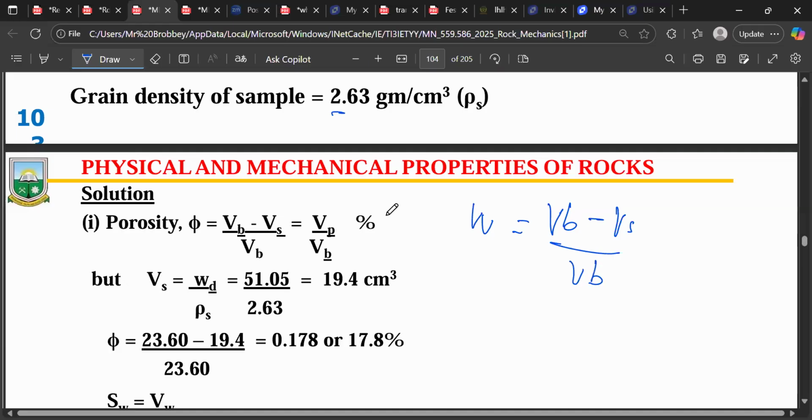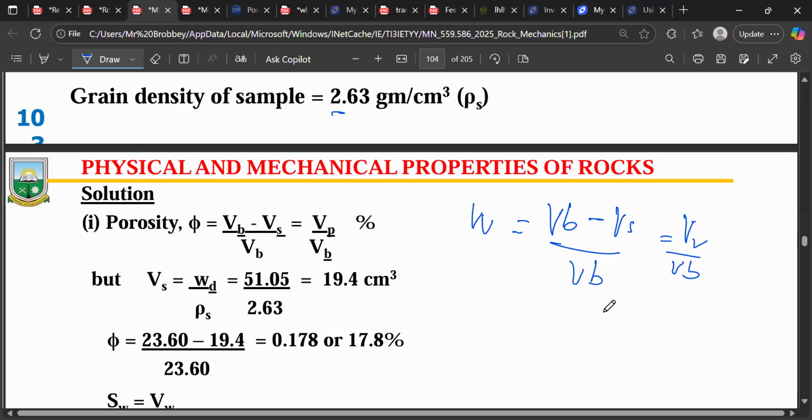So our porosity is equal to VP over VB, where VP or VV is the volume of voids. Let's use VV so that the P does not confuse us.